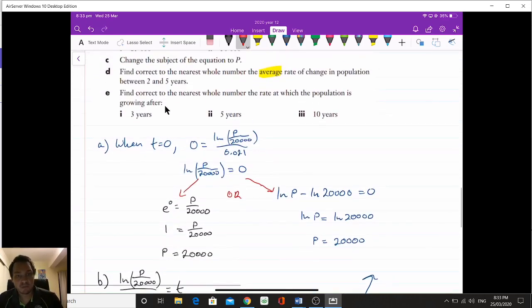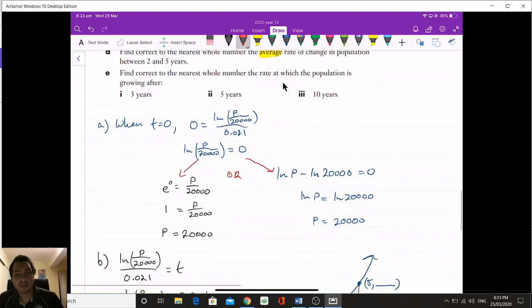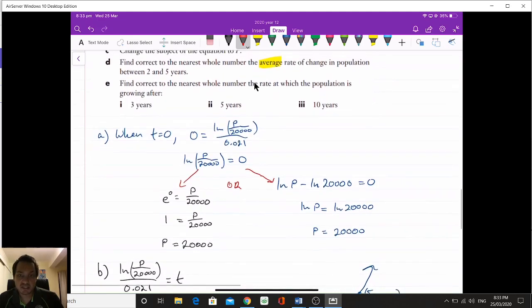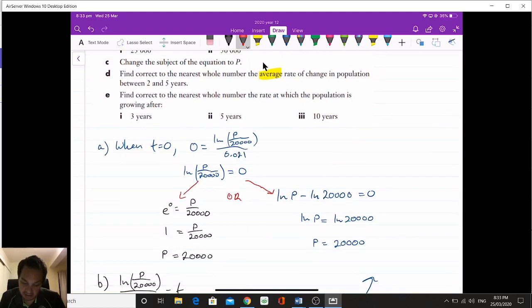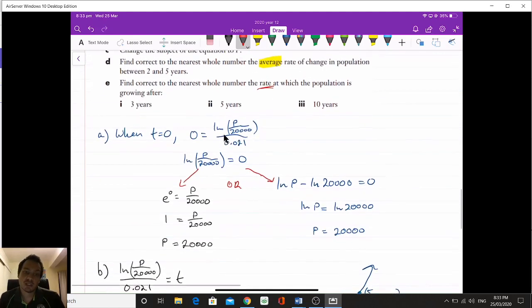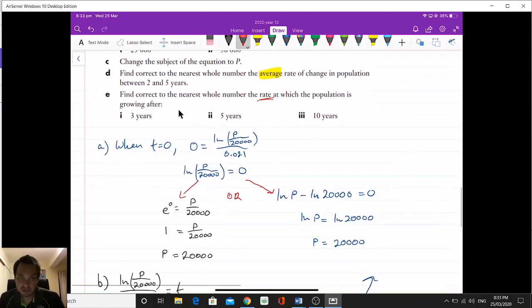I won't go through all of it. And then find, correct to the nearest whole number, the rate at which the population is growing. So this is now instantaneous. It's not talking about average at all. So this is actually going to find the change in population with respect to time.